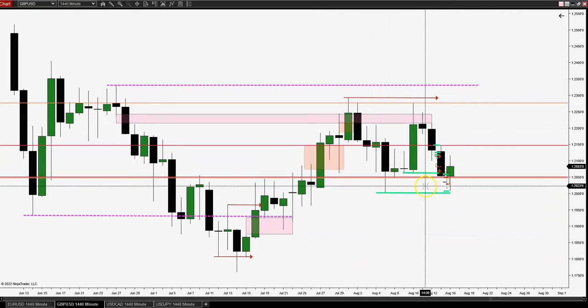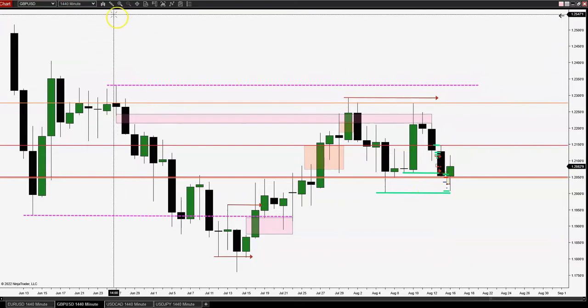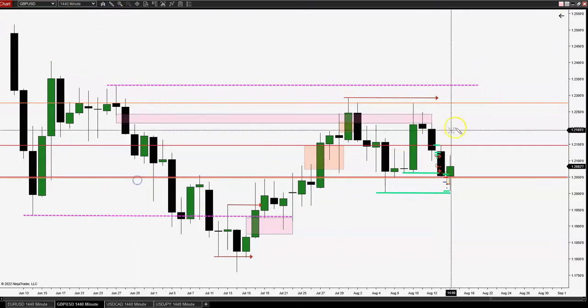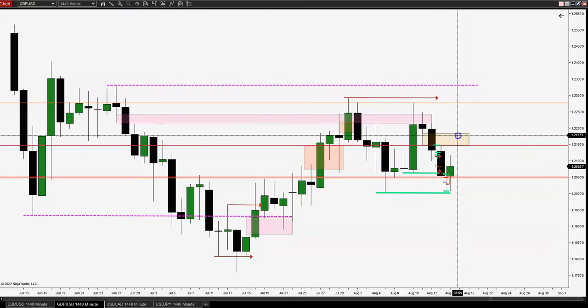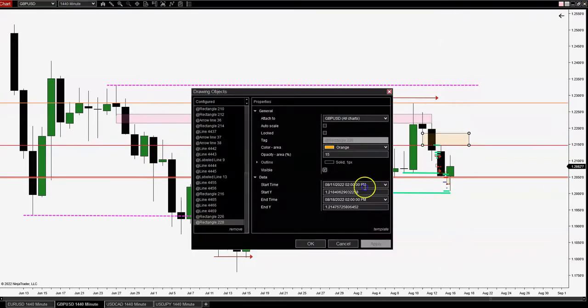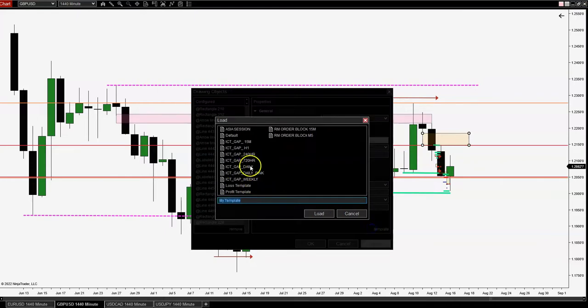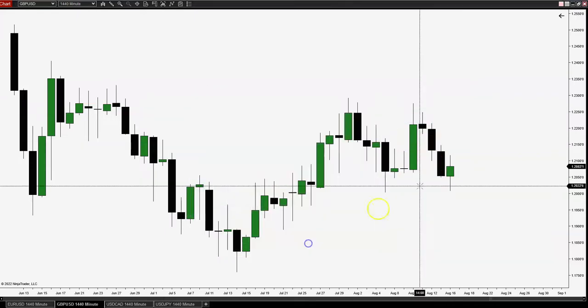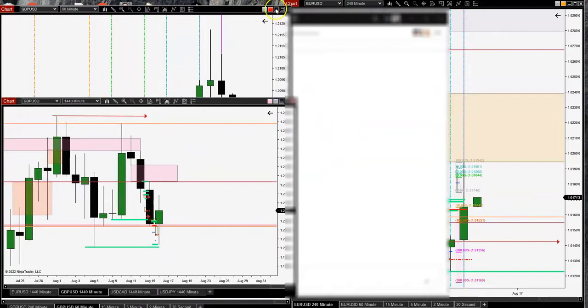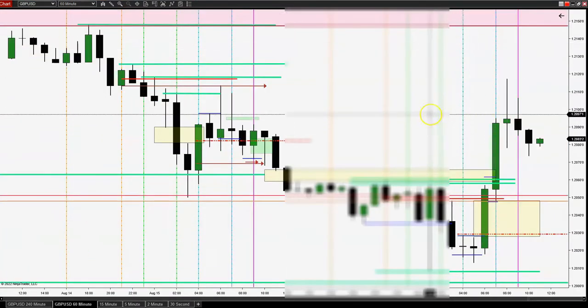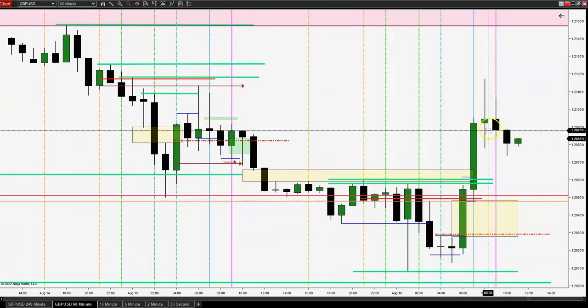Euro dollar definitely looks a lot better, but this may get up to this daily area here, and that's what it looks like it wants to do. Do this pink one. And so let me go back into my 60 minute one. So there you go.